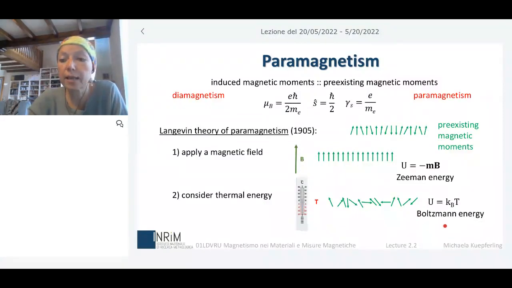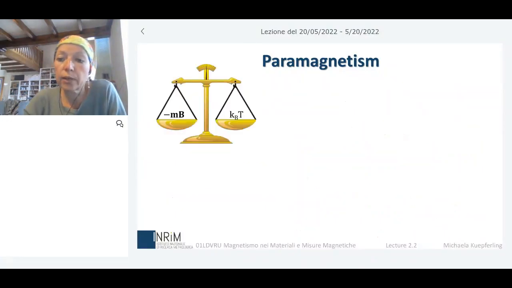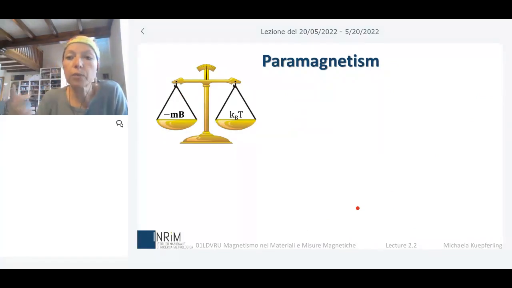So at high temperatures, we should not have any magnetization. The thermal energy is given by the Boltzmann energy, where you have the Boltzmann constant times the temperature. So at a certain field and a certain temperature, you will have an intermediate state. The magnetic moments will be aligned, but maybe not completely aligned with the magnetic field.